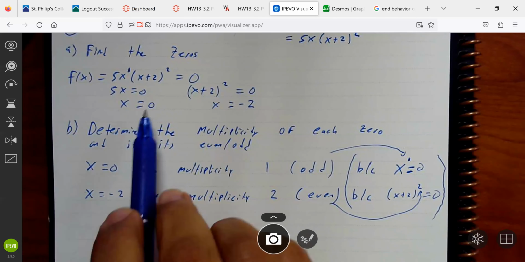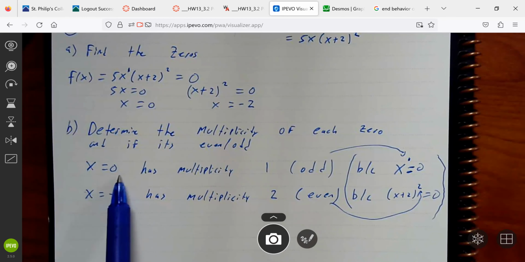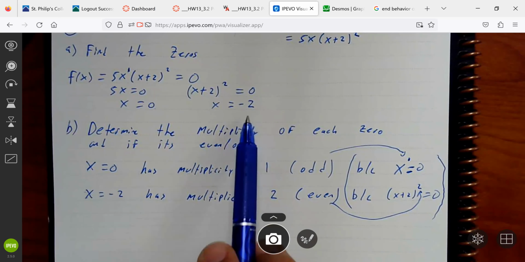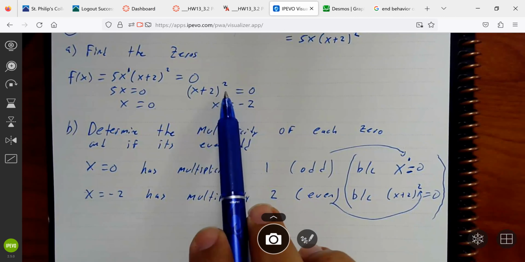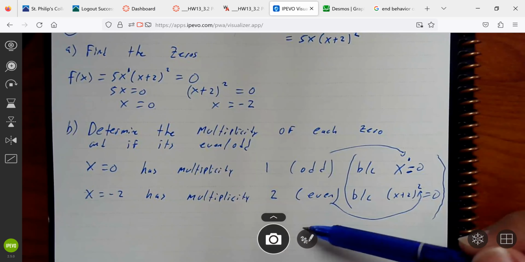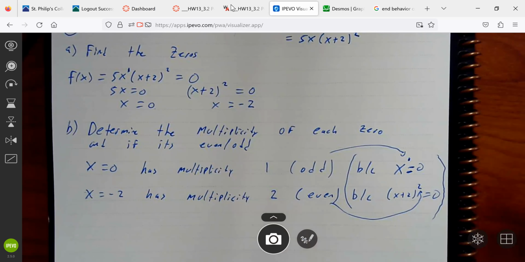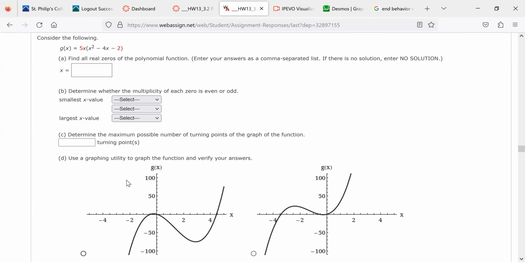So 0 is a number that caused it to be 0, and it has multiplicity 1. -2 is the location of the 0, but it has multiplicity 2 because the factor has a power on it. Like if you had another one that had a 3 or something, then you would say 3, odd. So here you would just label them, all right, which one goes where, etc. Okay.